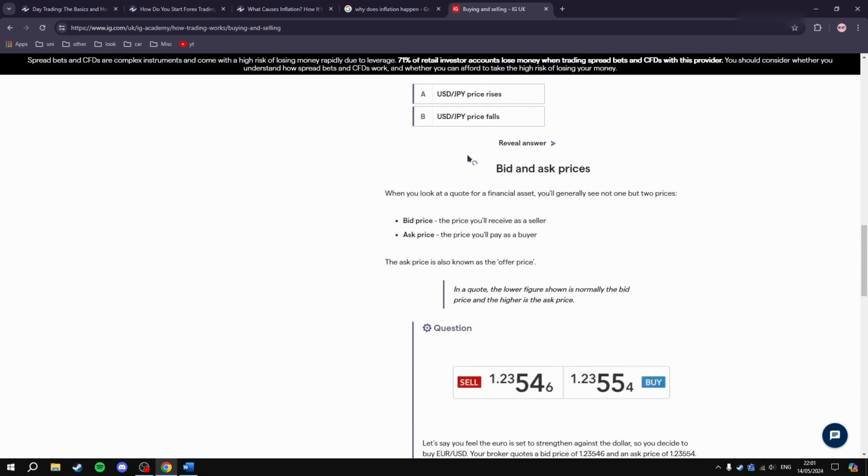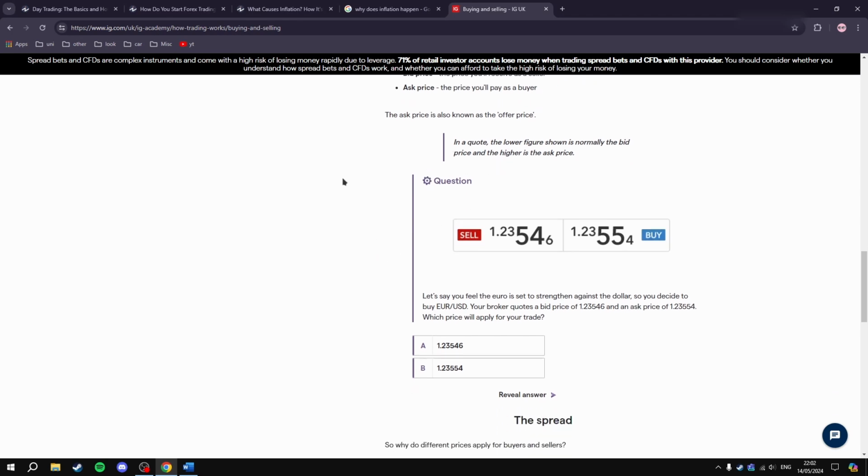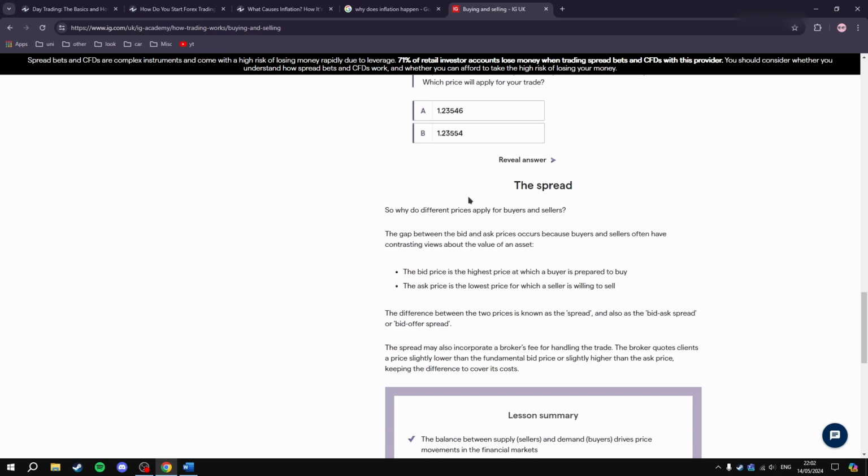The bid-ask prices: the bid price is the price you'll receive as a seller, the ask price is the price you'll pay as a buyer. In the quote, the lower figure shown is normally the bid price and the higher is the ask price. Then the spread, basically the difference between the bid and the ask price.